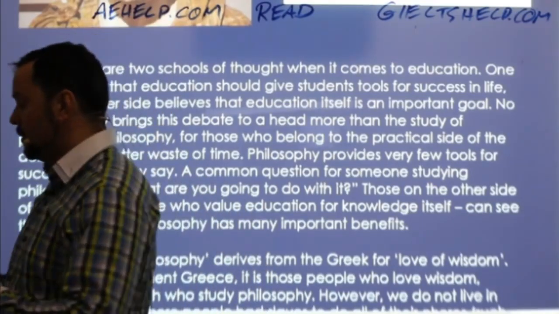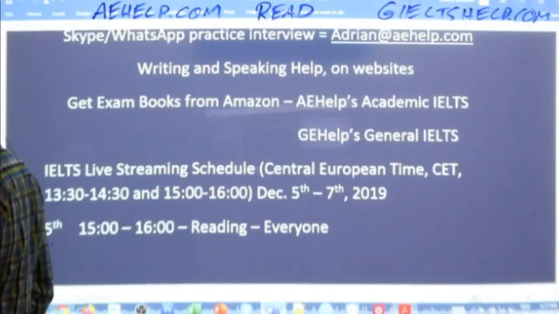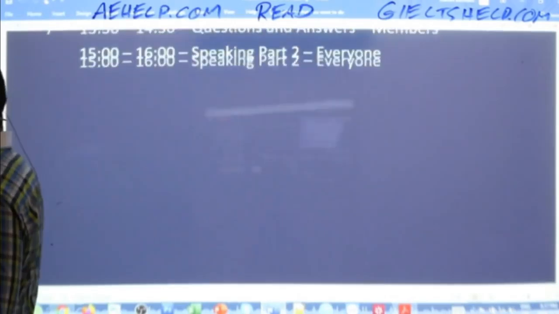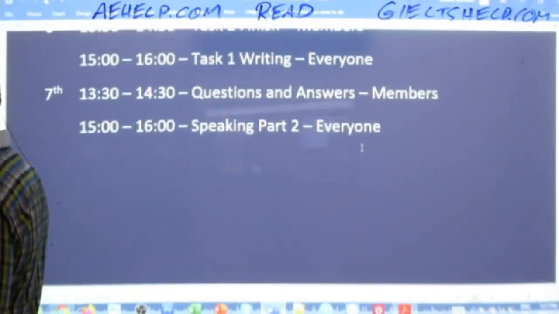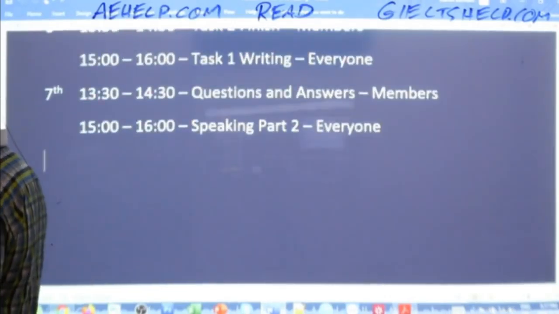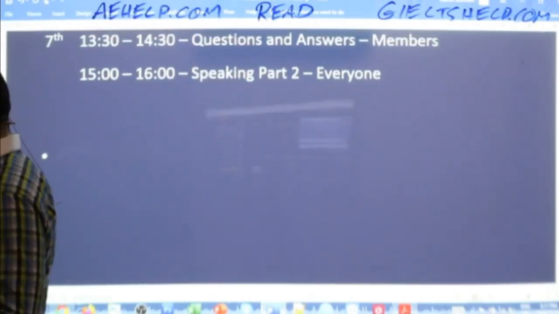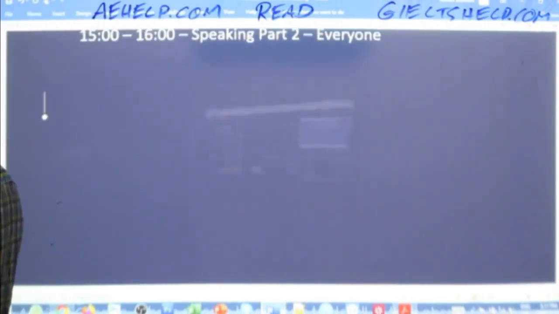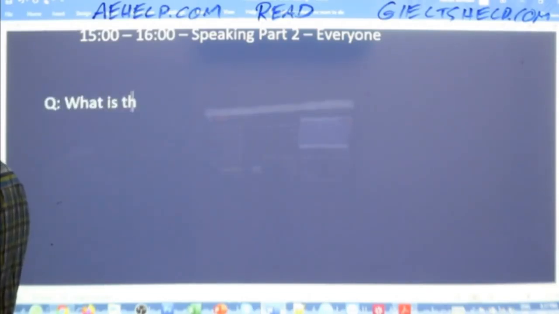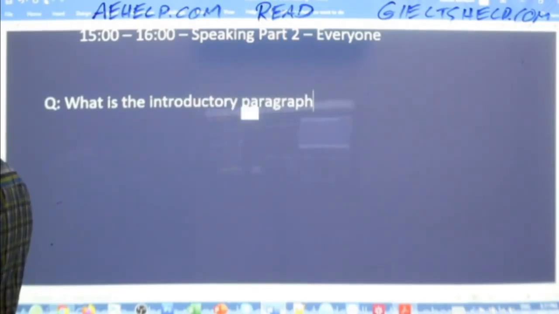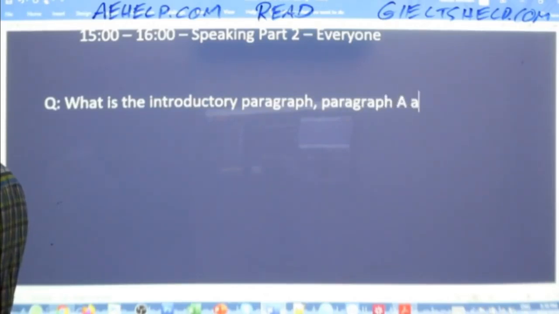There, so now we read that. Now we ask ourselves, what is this paragraph about? So at home, I suggest writing this down, but of course in the official exam, you don't have time for that, so you're just going to do a mental question and answer. So here at home, before the exam, you want to write down what the introductory paragraph A is about.